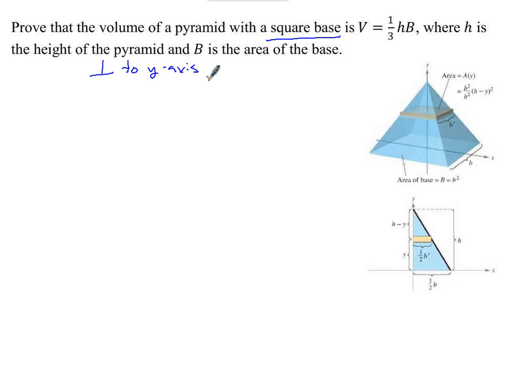So that means we need A in terms of y. Now it's a square base, so we can use that information to help us define the area of that square base in terms of y.